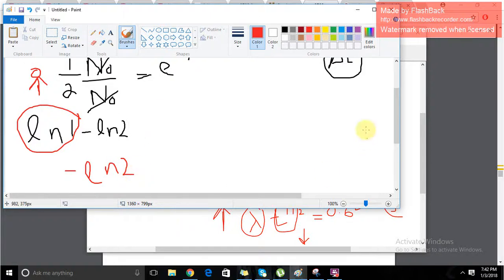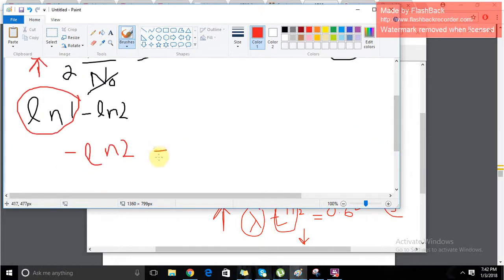And because e has disappeared, on this side you have minus lambda t, and because, as I mentioned previously, we're doing this for half-life, this is lambda t half-life.